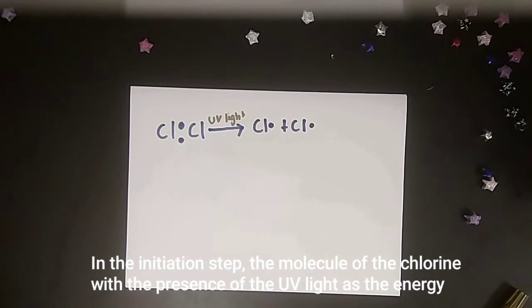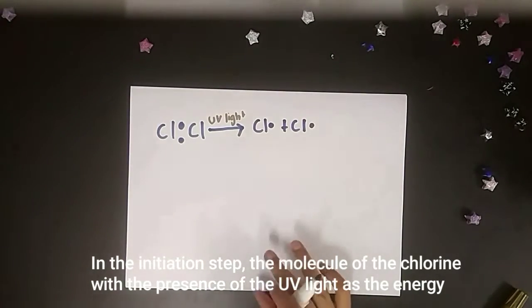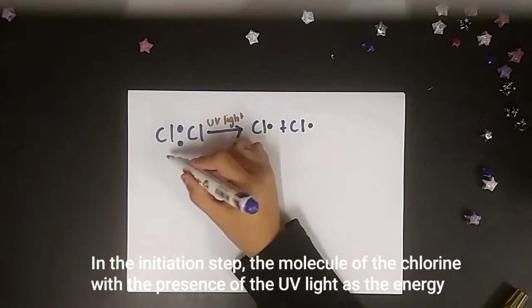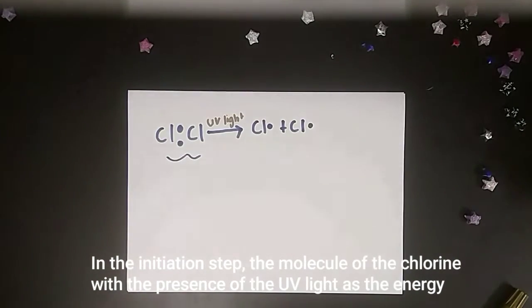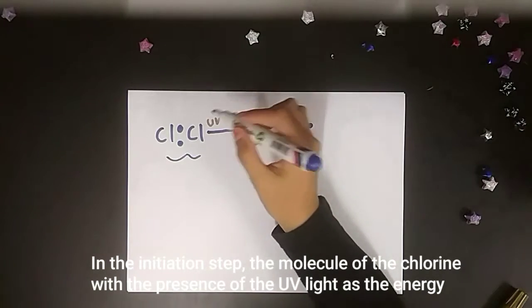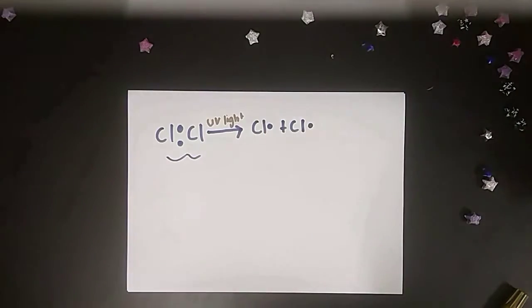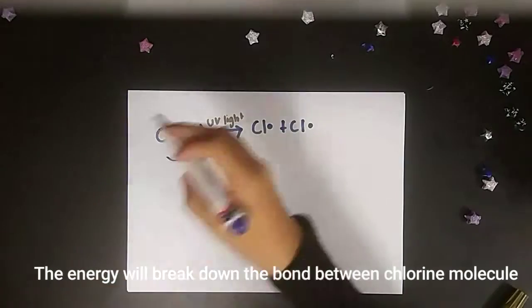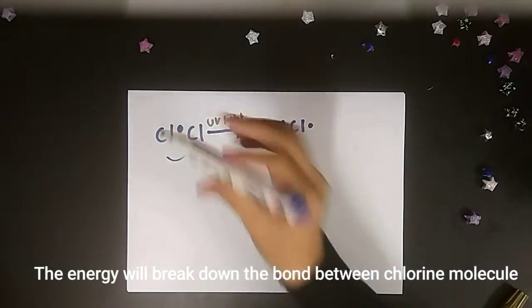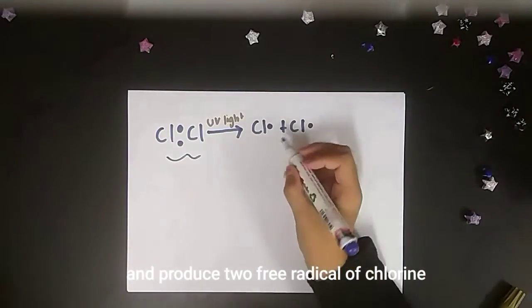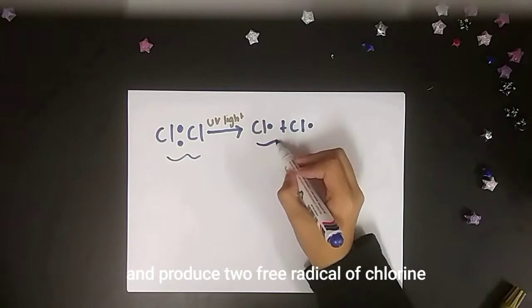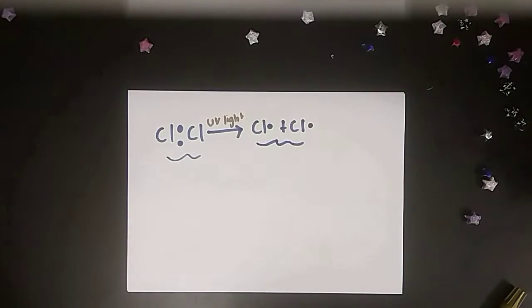So in the initiation step, the chlorine molecule, with the presence of UV light as the energy, will break down the bond in the chlorine molecule and produce two free radicals of chlorine.